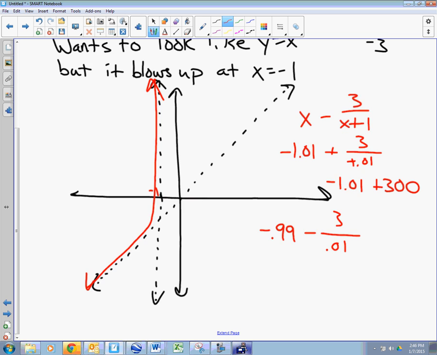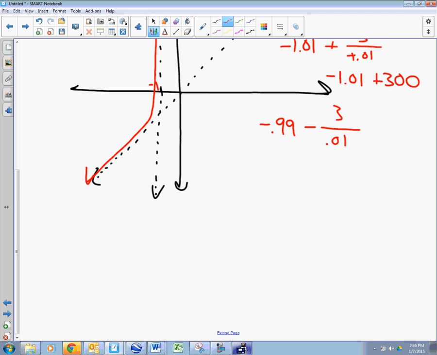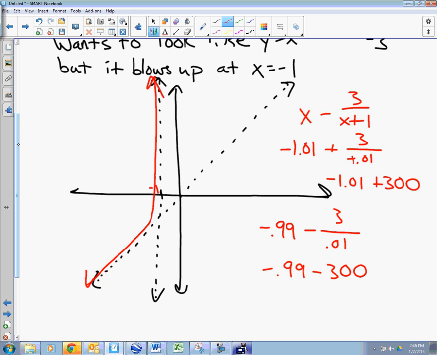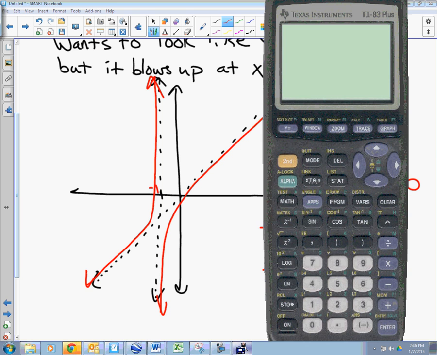What's 3 divided by 0.01? 300. -0.99 minus 300. Is that going to be a very big value or a very small value? Very small. So you can see it's going to start down here and it's going to finish up over there. So it wants to look like y equals x.